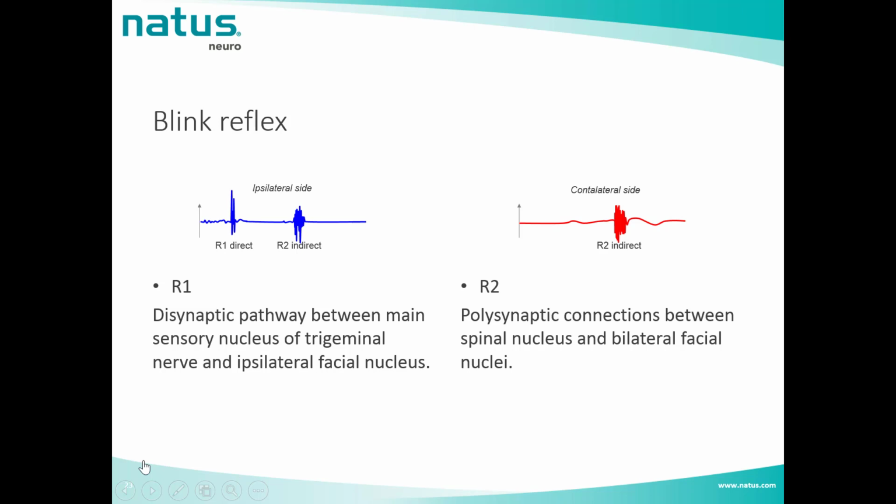The process to get to the R1 is a disynaptic pathway between the main sensory nucleus of the trigeminal nerve and the ipsilateral facial nucleus. The R2 can be seen on the ipsilateral side and the contralateral side, and this is our indirect response. This R2 is due to polysynaptic connections between the spinal nucleus and bilateral facial nuclei.